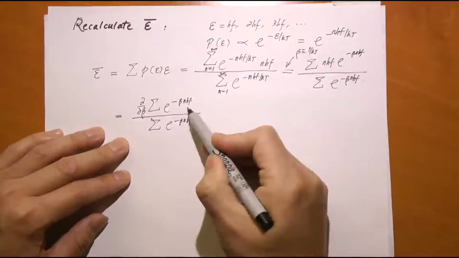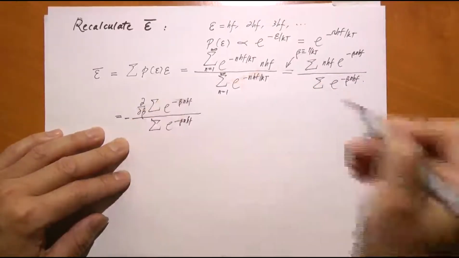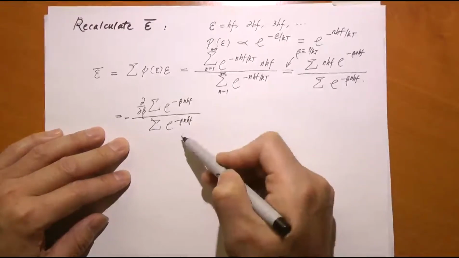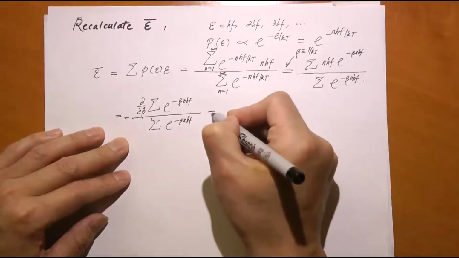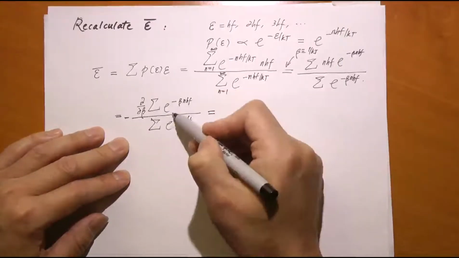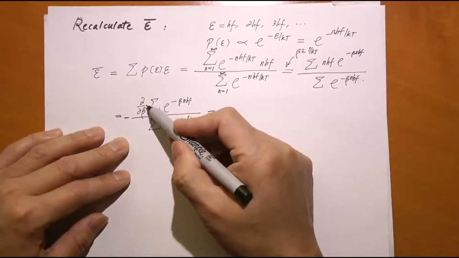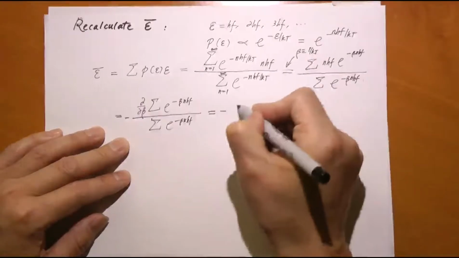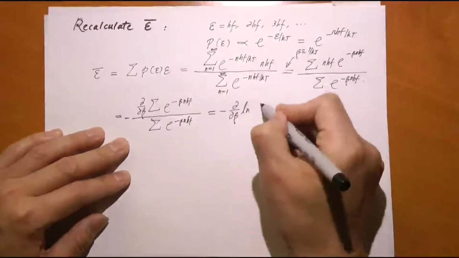In fact, if you did that, you're going to get negative nhf. Now, there is no negative sign here, so I don't forget I have to attach a negative sign to cancel with that. And now we have the same numerator and denominator. If I sum one of them, I can sum the other. But before I even do the sum, you realize that if you call this function u, then you are doing basically partial u over partial beta and then divided by u itself. That is the same as partial beta of the natural log of this function.